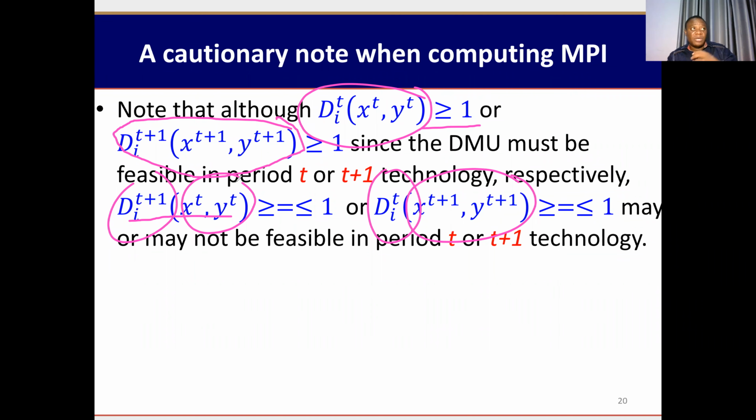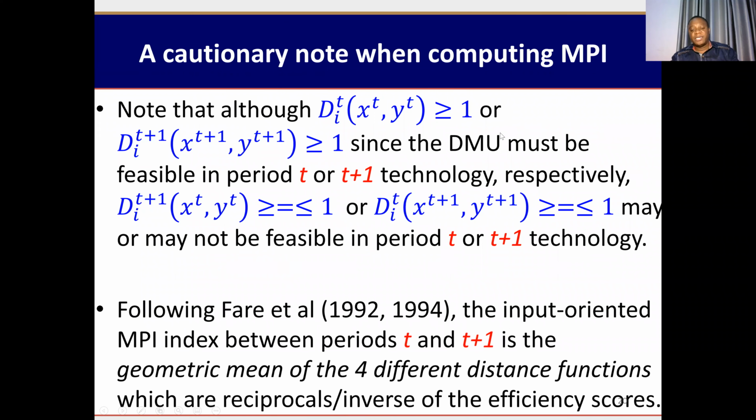Some of them will be outside the frontier, which will make them super efficient. And among these super efficient ones will be infeasible ones. They will generate linear programming, mixed period infeasibilities. So you want to take note of that so that when you see that in the software, you will appreciate that.